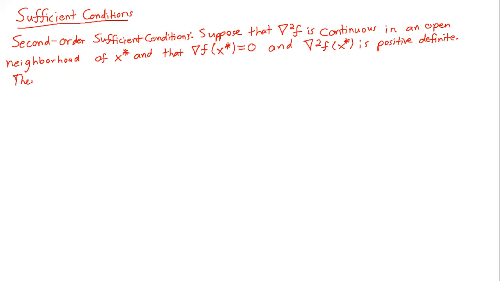Then x star is a strict local minimizer of f.